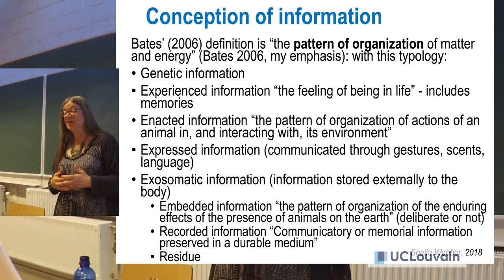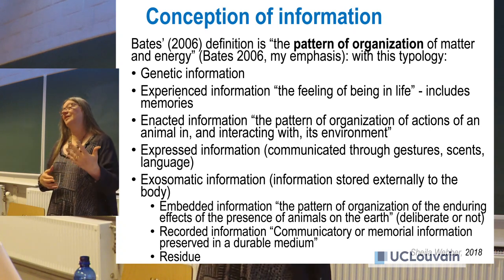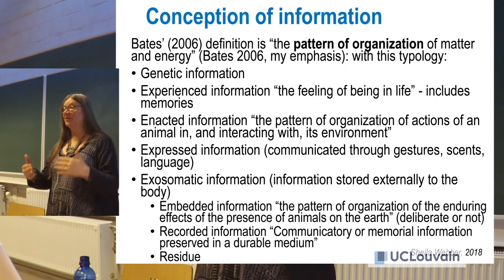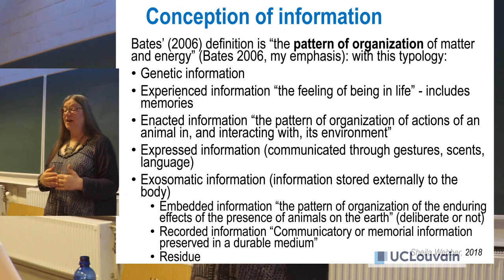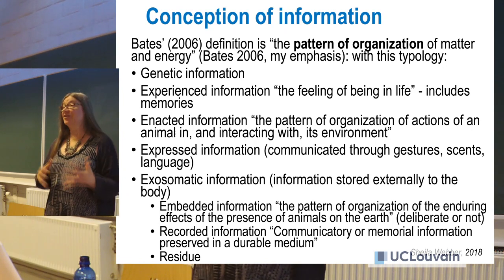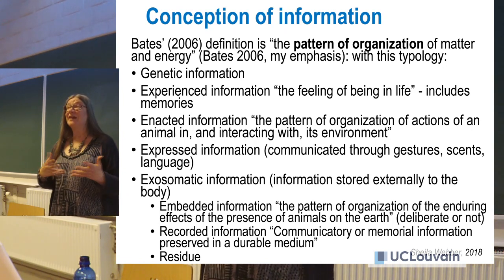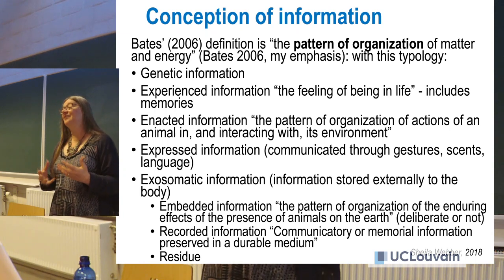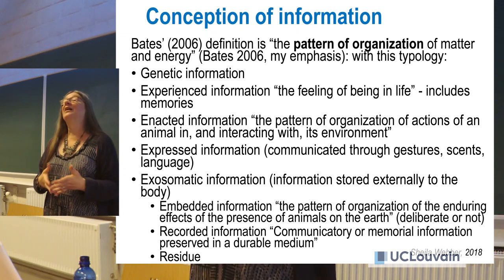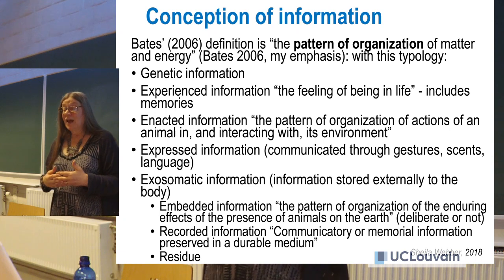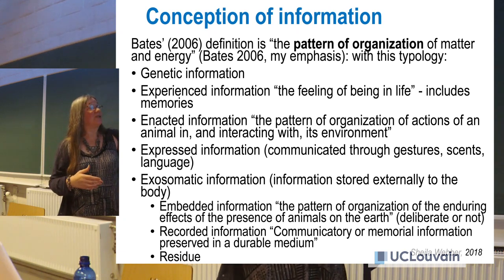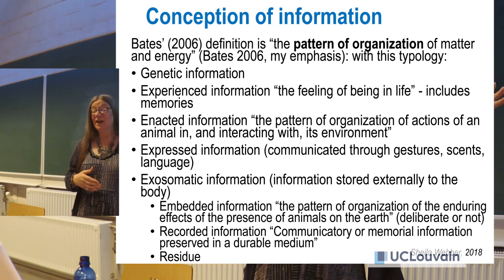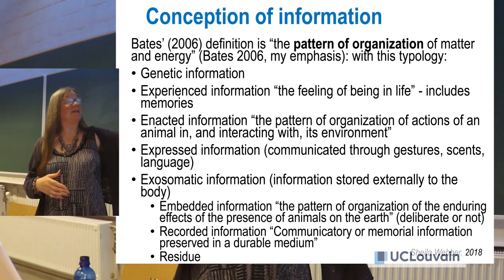And expressed information, which is part of that, but is obviously important enough that she feels she needs to separate it out, which includes gestures, sense, language, the ways that people communicate with each other, but without leaving what she calls any durable record of that. And then it comes into the information stored externally to the body, and embedded information.